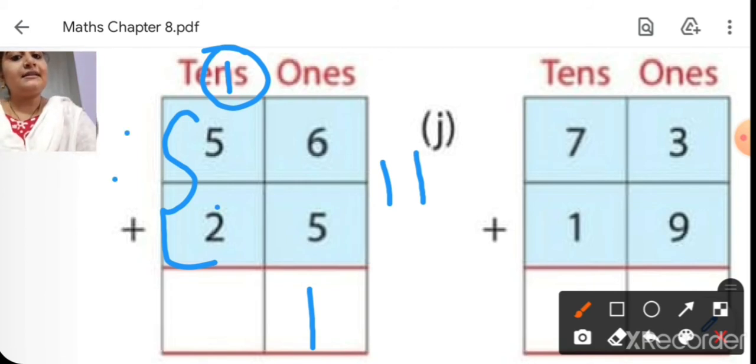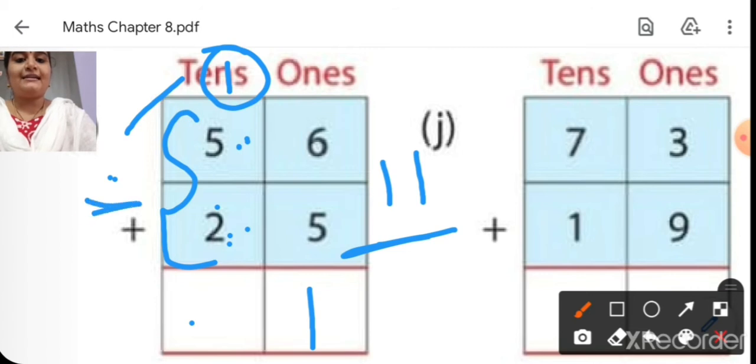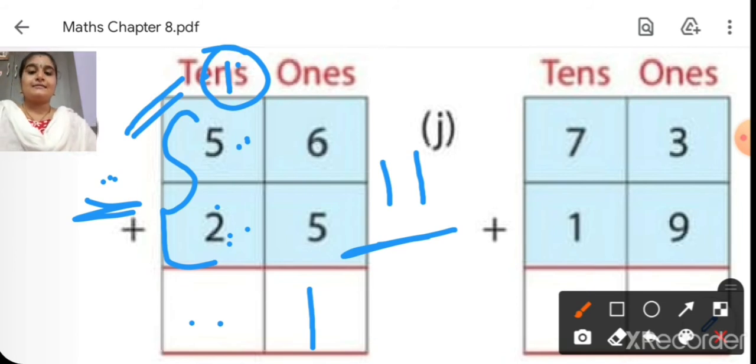And then this number and this number we are going to add. 5 and 2 we are going to add and write it outside. Then we are going to add that with this number and write the answer.